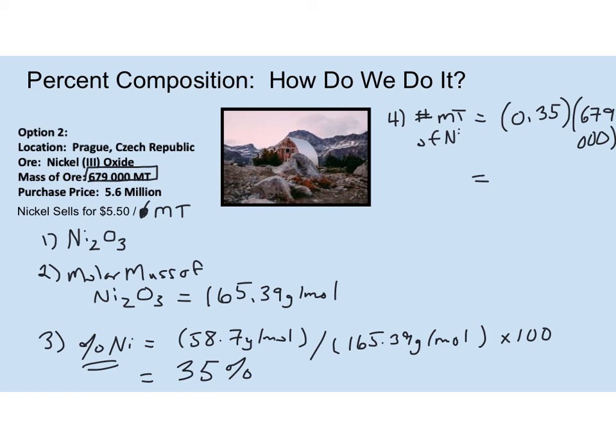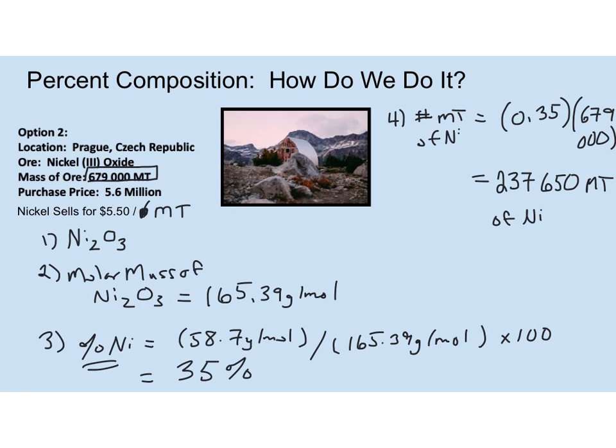So 0.35 times 679,000 equals 237,650 metric tons of nickel.